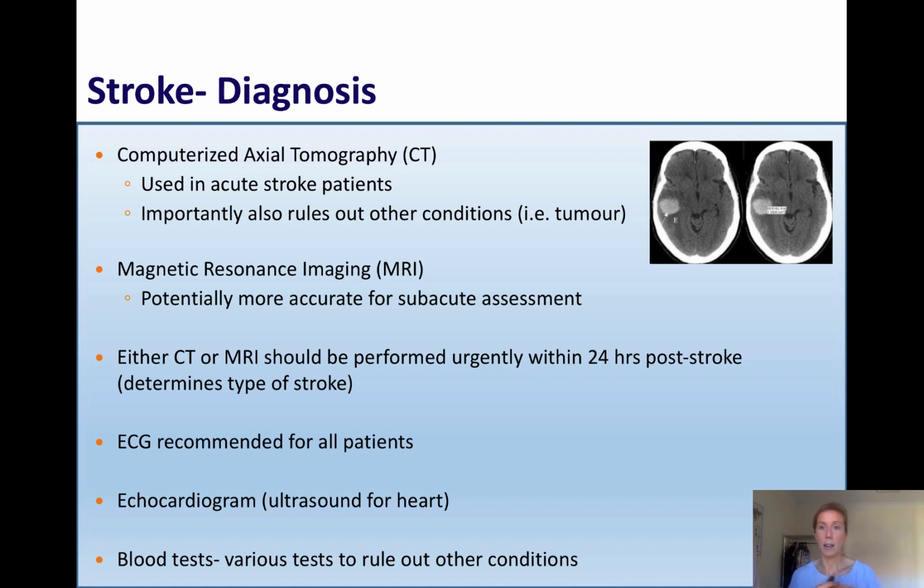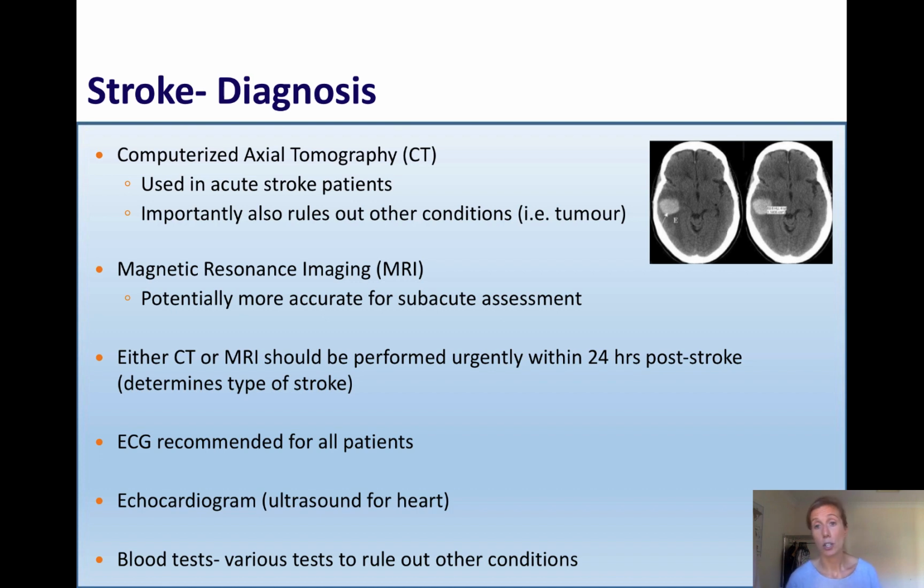So in that post-initial acute period of a few days, that can potentially answer those questions. As we said though, guys, either CT or MRI should be performed urgently within 24 hours post-stroke, okay? So that really helps us determine the type of stroke and obviously helps set up that treatment and post-stroke survival plan.